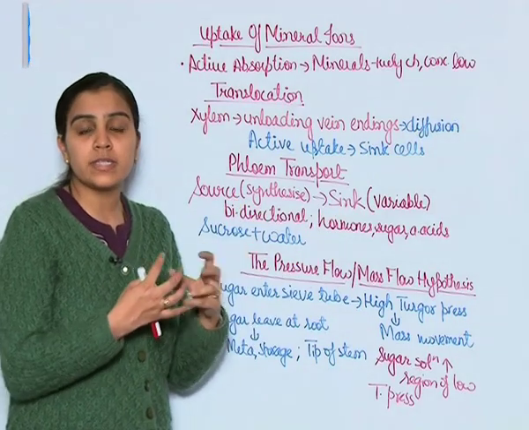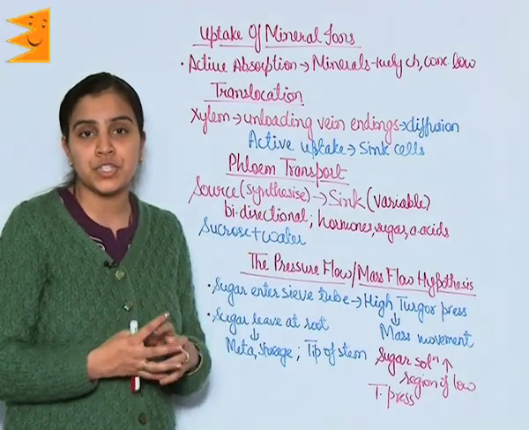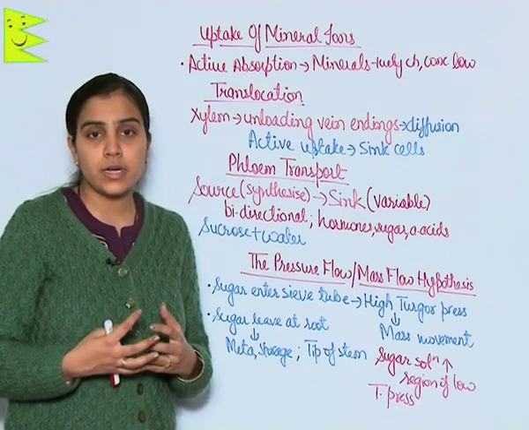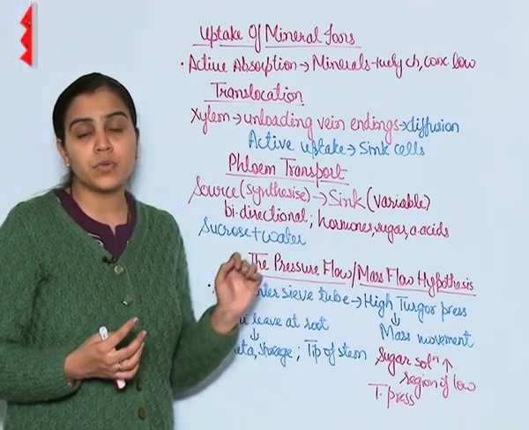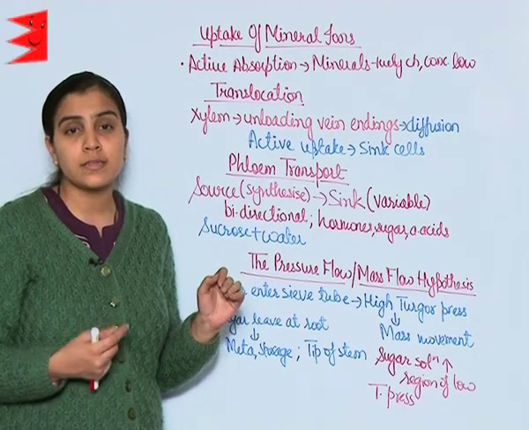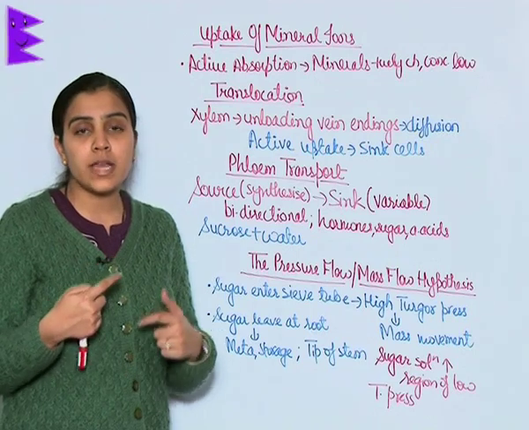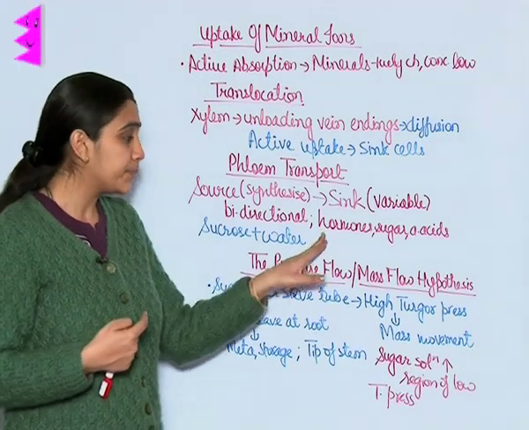The source and sink are variable in nature and depend on the environmental and natural conditions. Hence, the transportation across phloem is bidirectional. That is, it can occur in upward as well as downward direction.